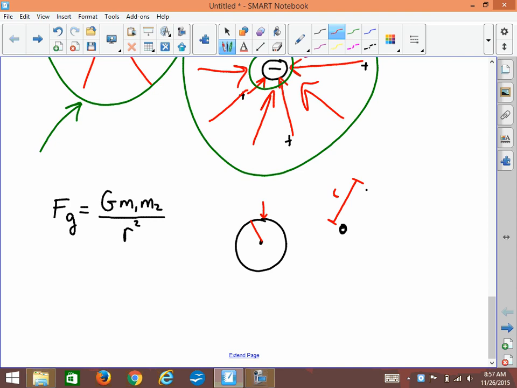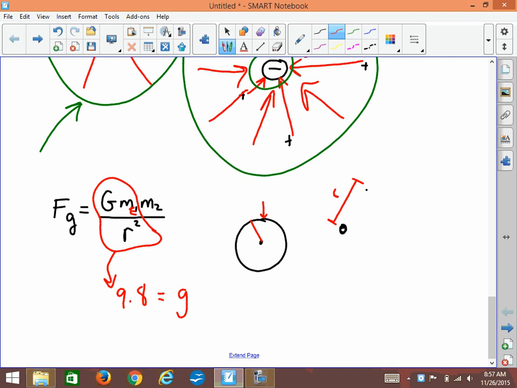And so what we've done is we've taken this formula right here, and we've used these three numbers. Remember this. We put in the G, we put the mass of Earth right here, and the other mass would be the mass of the tiny object. And then we put the radius of the Earth, which is where you'd be if you were on the surface. And guess what we got? We got that little magic number, 9.8. And we gave it a name. We called it little g.